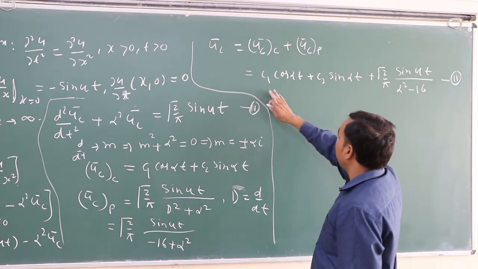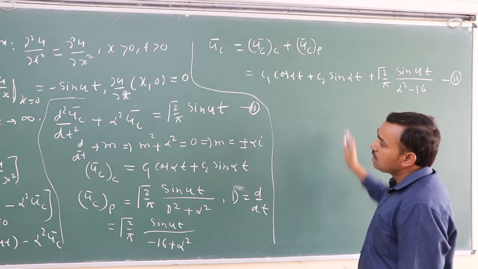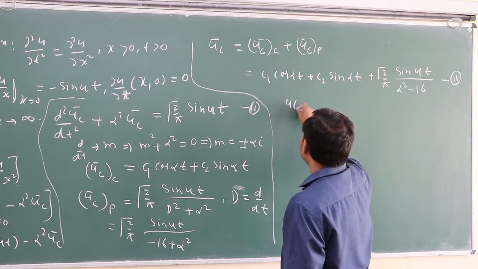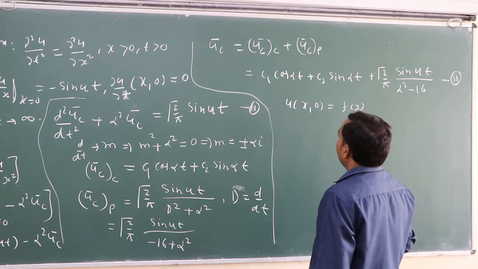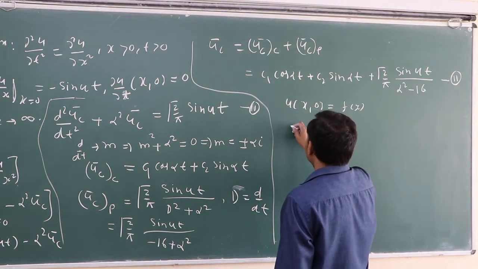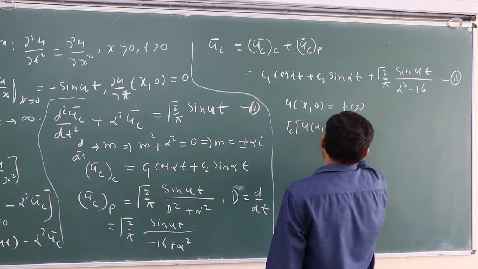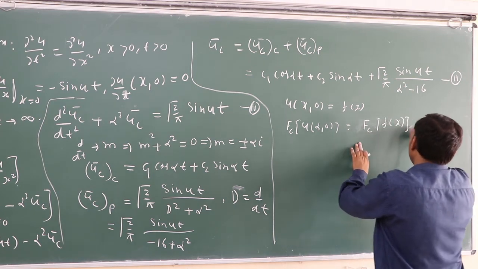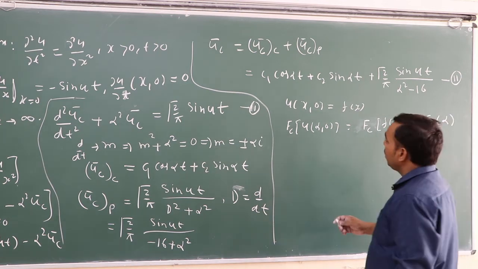Now we want to find the values of c1 and c2. In this regard, it is given that u(x, 0) equal to f(x). If we apply the Fourier cosine transform on this, we get u_c bar of alpha, 0 equal to the cosine transform of f(x), which we write as f_c of alpha.